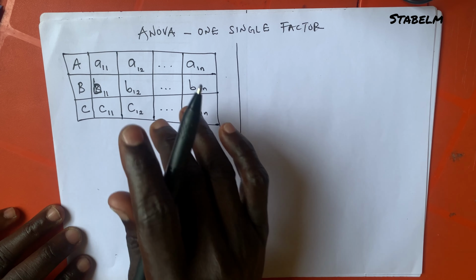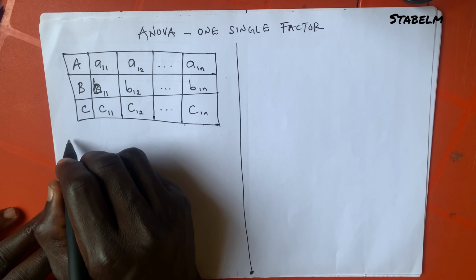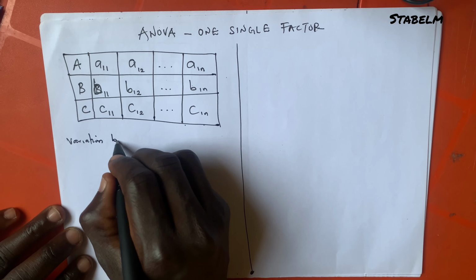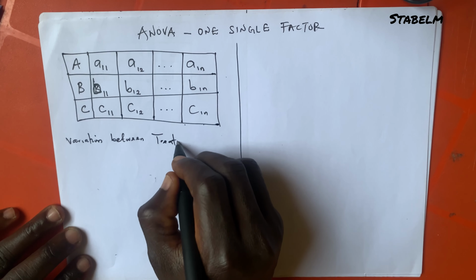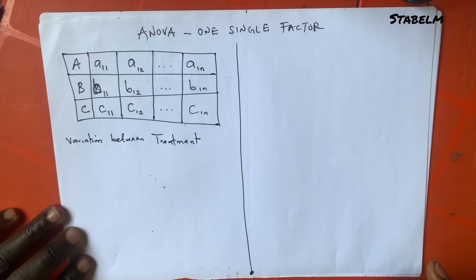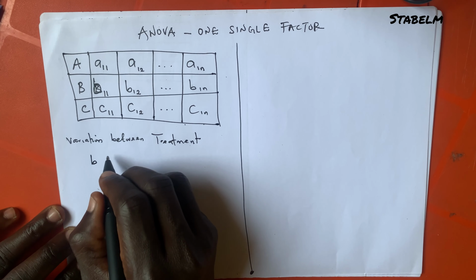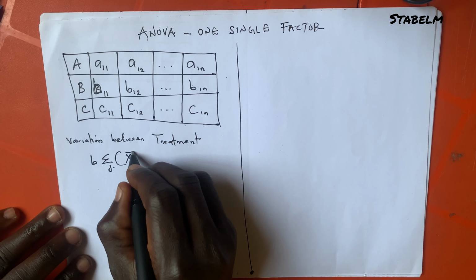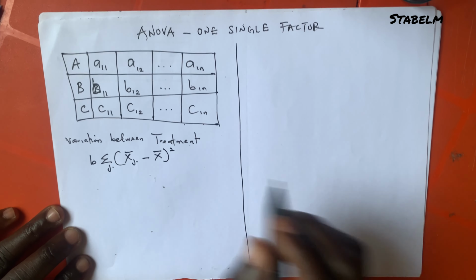for us to get the variation between treatments, we are going to need the variation between treatments. Variation between treatments is given as summation over j of b times the bracket X bar j dot minus X bar, all squared.